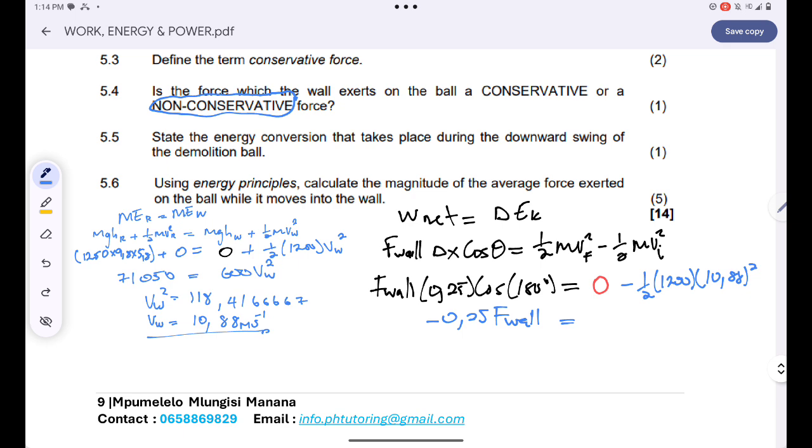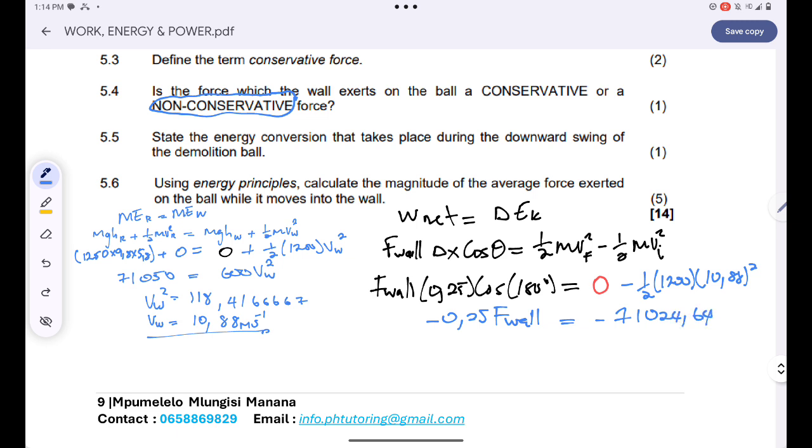half multiplied by 1200 multiplied by 10.88 all squared. That's negative 71,024.64.